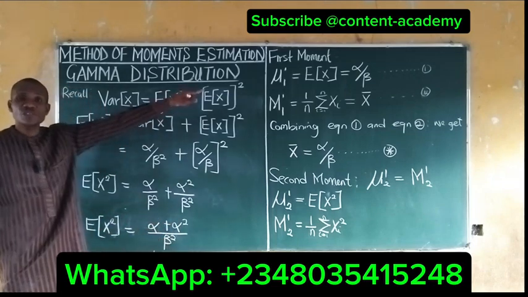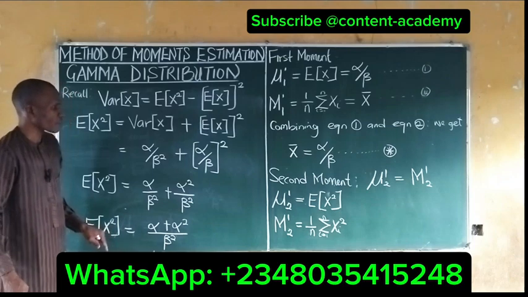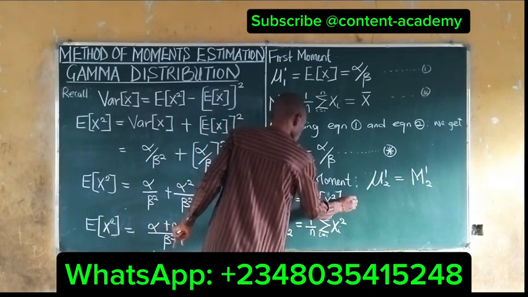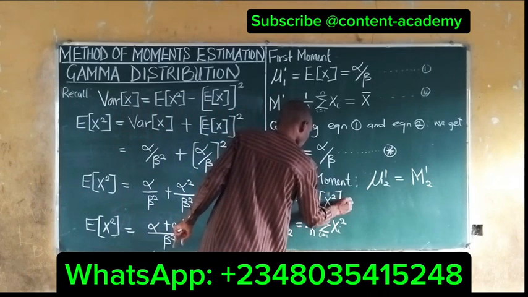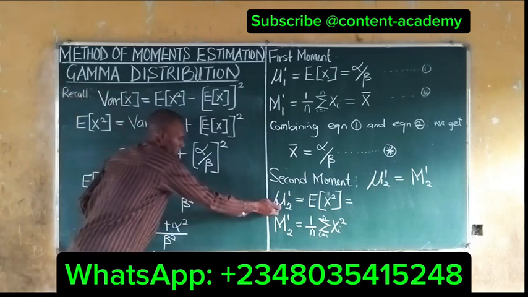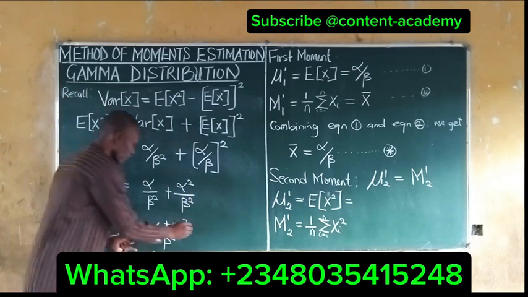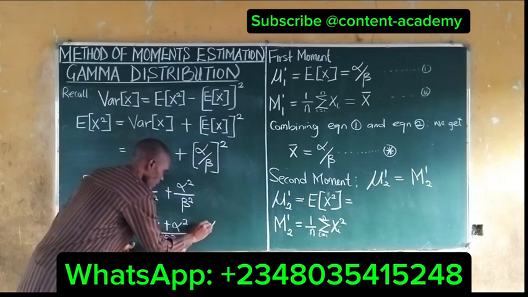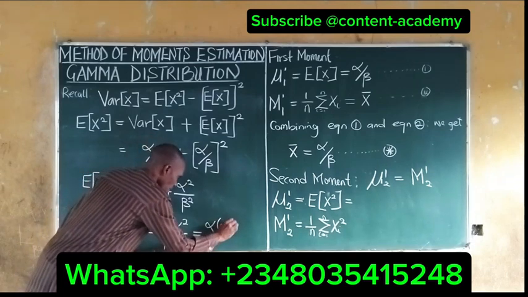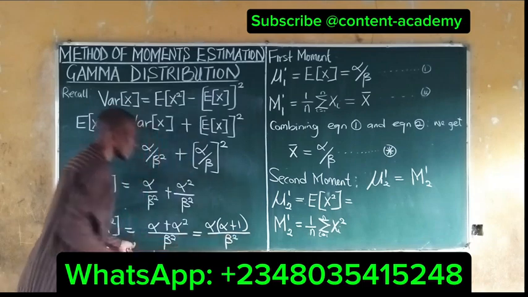Now we'll go over to this other side of the board to see if we can compute something. This is our equation. This, our population moment for the second moment, is equal to what we have here. And what we have here can be written as alpha into alpha plus 1 all over beta squared.